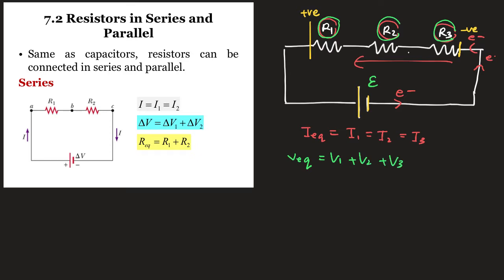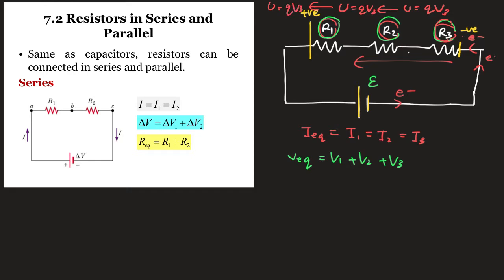Or you can say that once the electron moves through R3, it is going to lose some potential energy, which is U equals QV. Then when it passes through R2, it loses another energy, QV2, and when it passes through R1, it loses another energy, QV3.